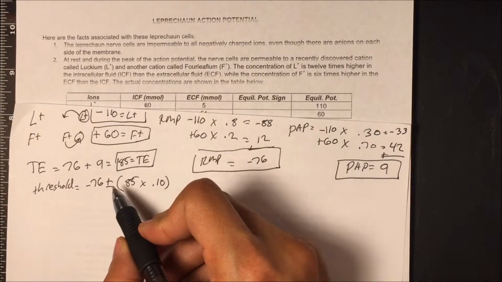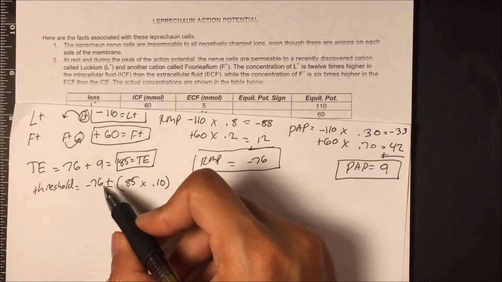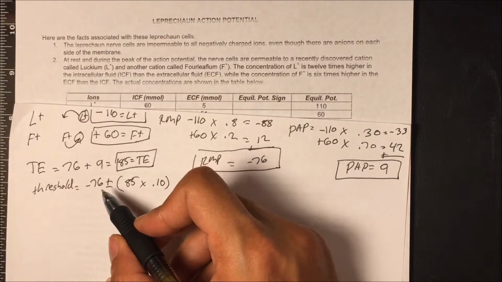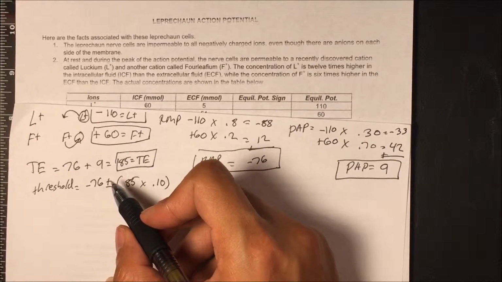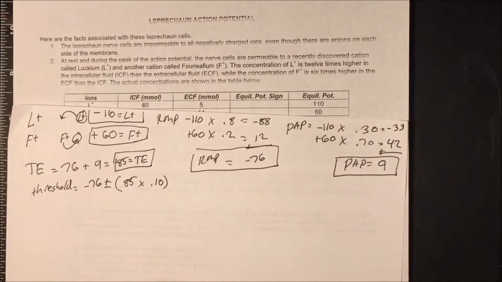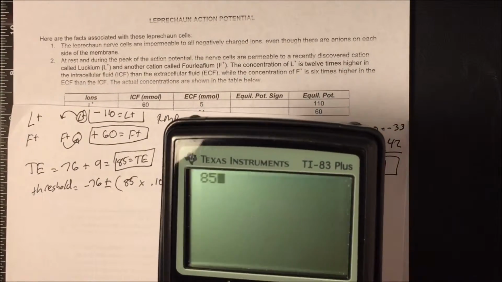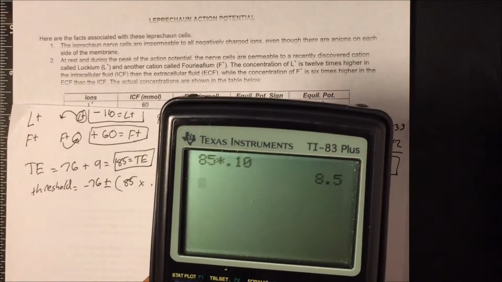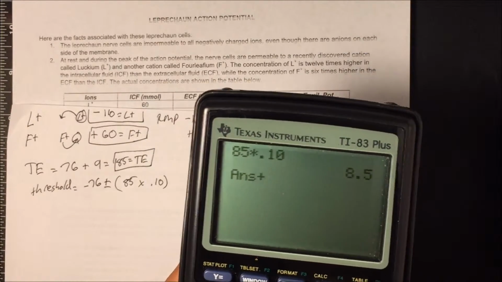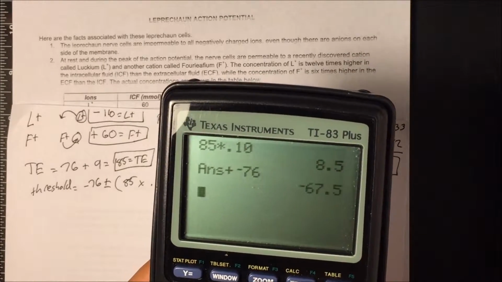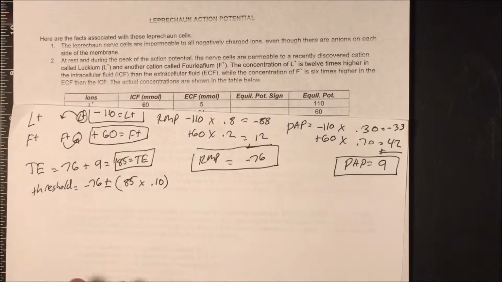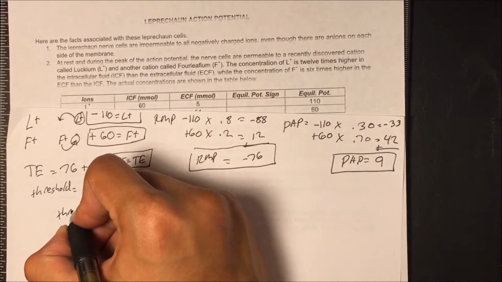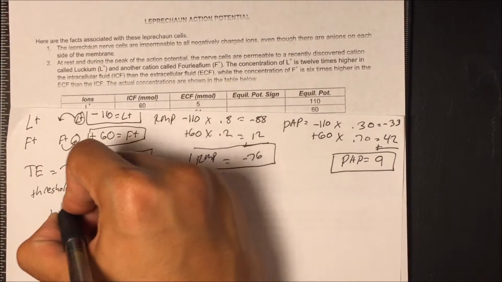So when we're doing this problem here, since we have negative 76 here, we want to move it closer to 0. So we just have to add instead of subtract. So 85 times 0.10 is equal to 8.5. So 8.5 plus negative 76 will give us negative 67.5 for the threshold.